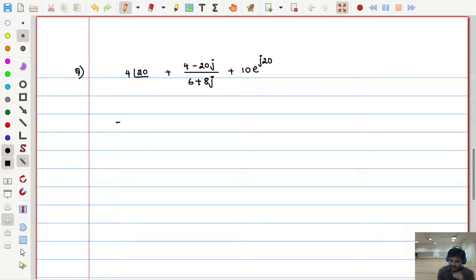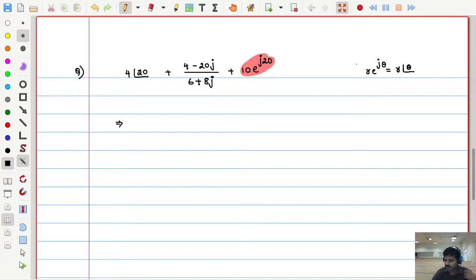You can directly type it in the calculator, but try to observe, you will not get any of this form in the calculator. So observe the format of this: this is in exponential form. We know that r e power j theta is equal to r at an angle theta.